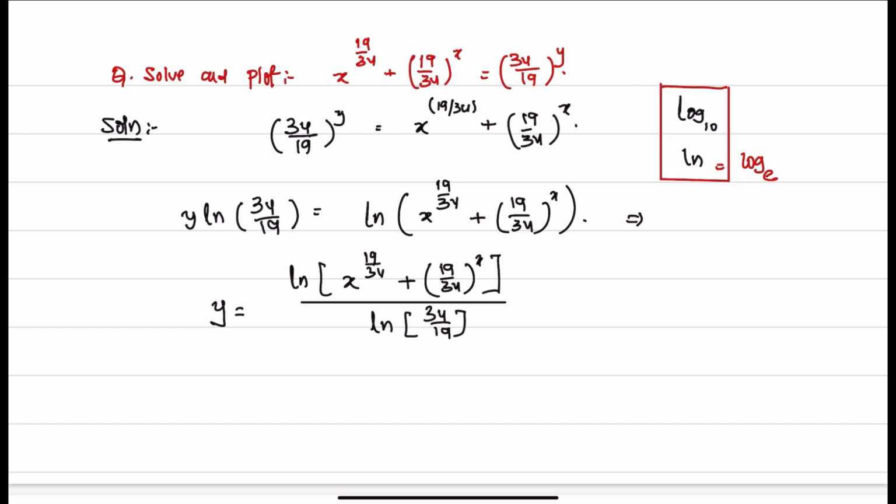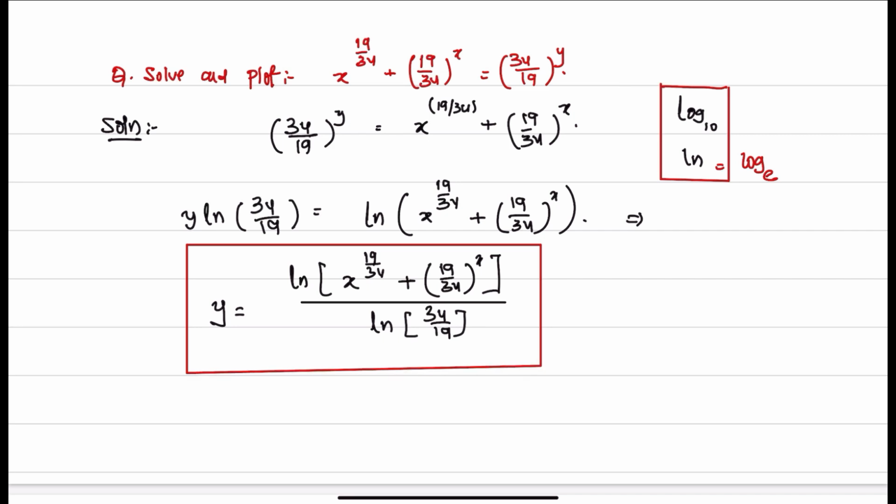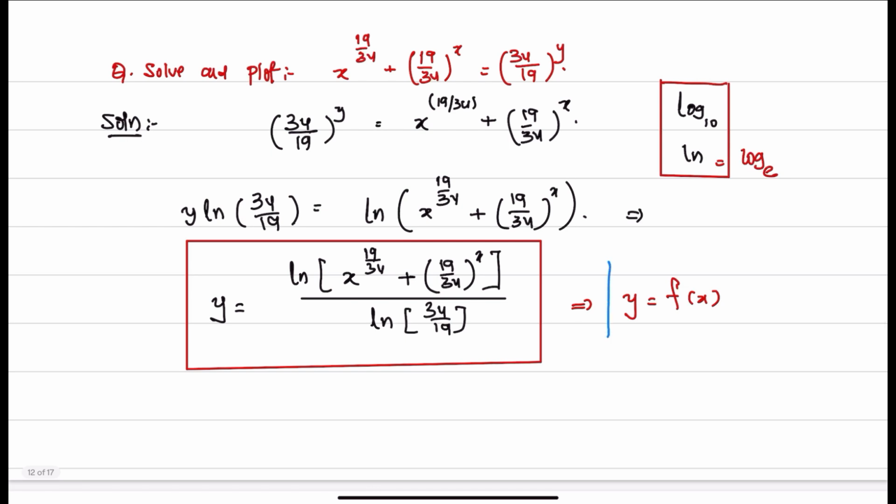This is the solution for plotting or tracing the function. This is in the form of y is equal to function of x. By varying the value of x, we will get the value of y, because x and y values are variables.